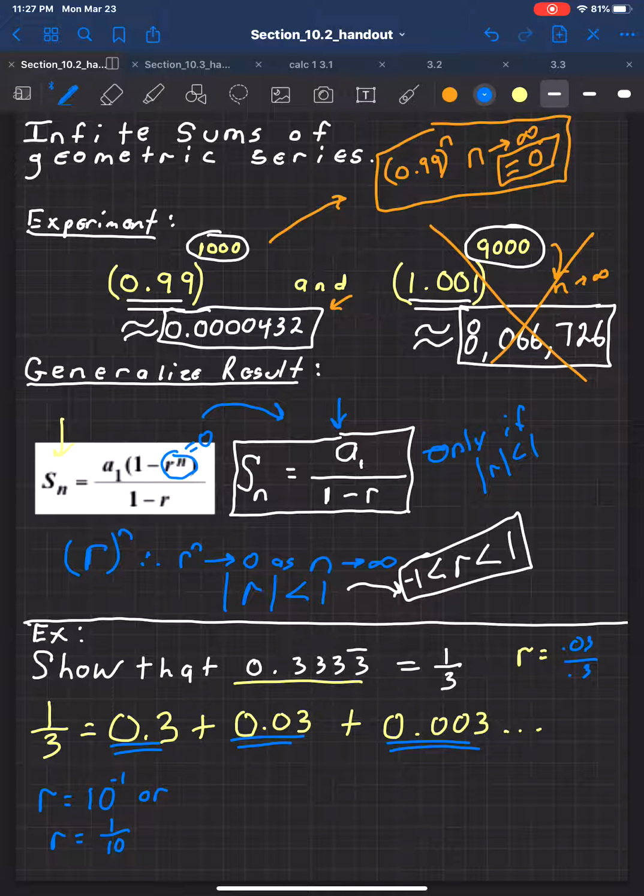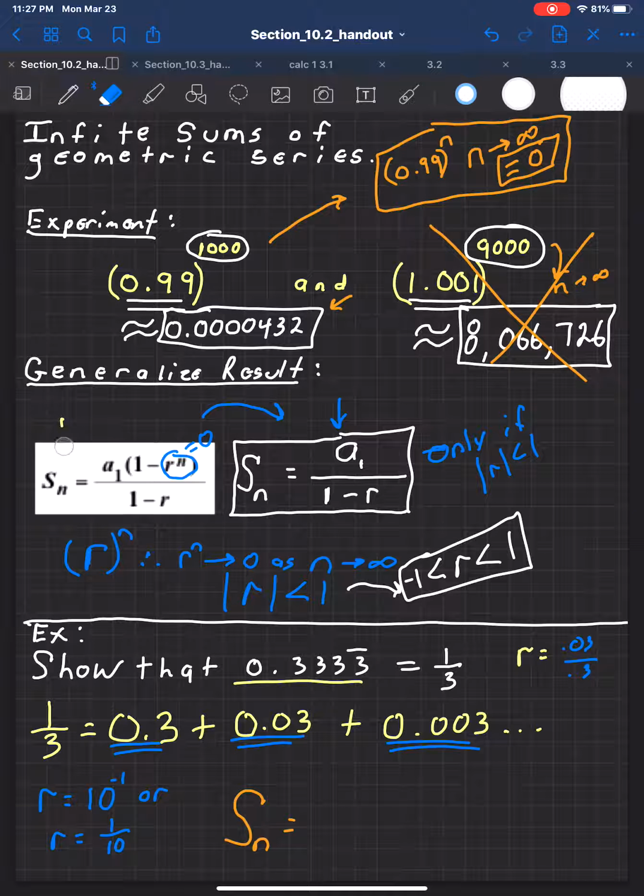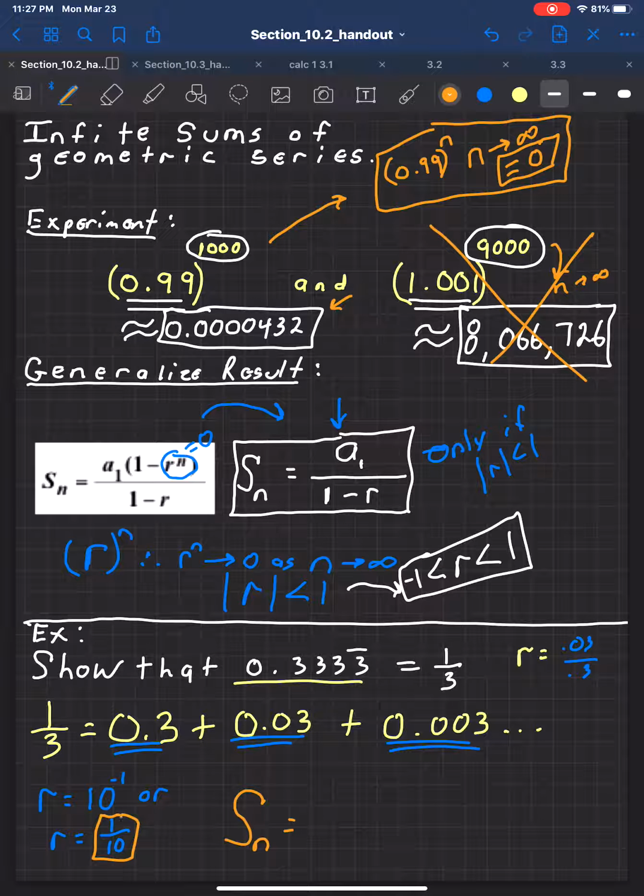So the question now becomes, I want to be able to find the sum, S sub n. But am I going to be required to use the first sum formula, because I have two choices up here? Or can I use the second formula? Well, let's look at r. Is r between -1 and +1? It is. So then I can use the second formula, which is a sub 1 divided by 1 minus r.